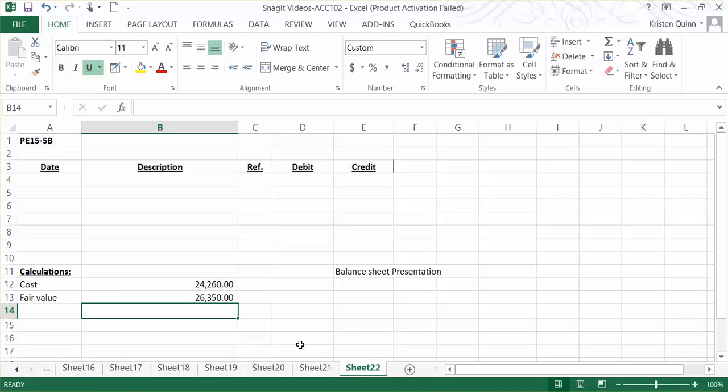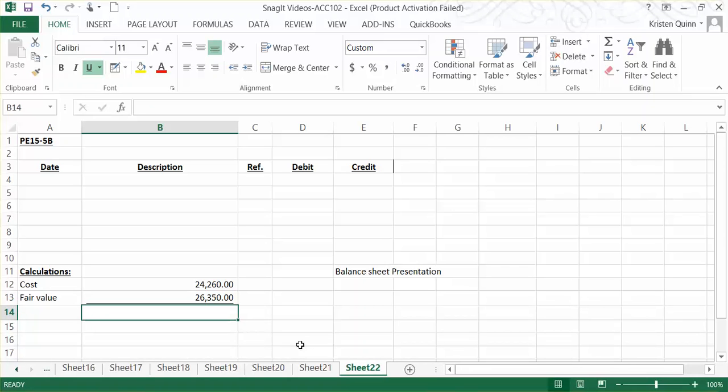So, although those available for sale investments cost us $24,260, if we had sold all of those available for sale investments on December 31st, 2014, we could have sold them for a total of $26,350.